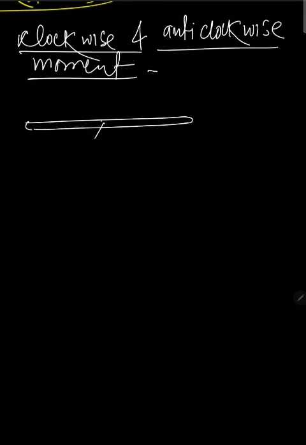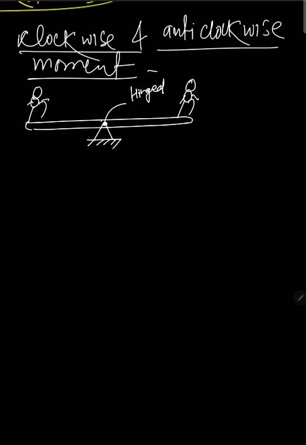Now suppose this one is a seesaw, and this seesaw is hinged at this point. This one is called hinged point. So it is hinged at its center. Now one person is standing here and another person is standing here.